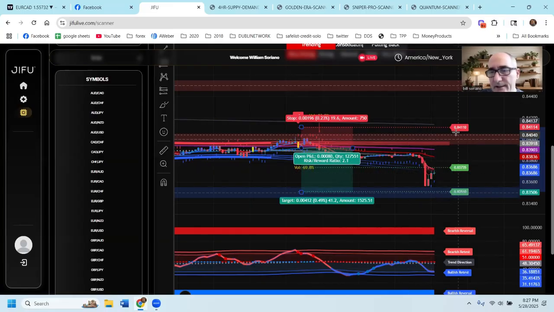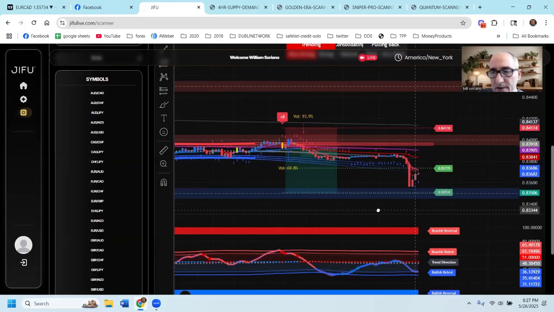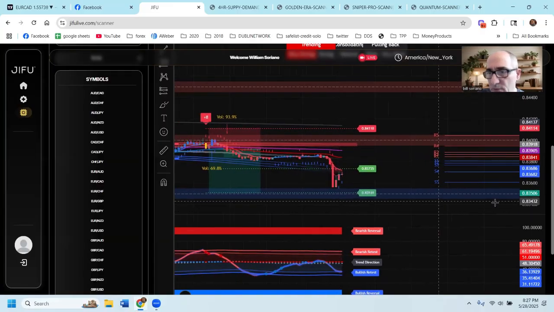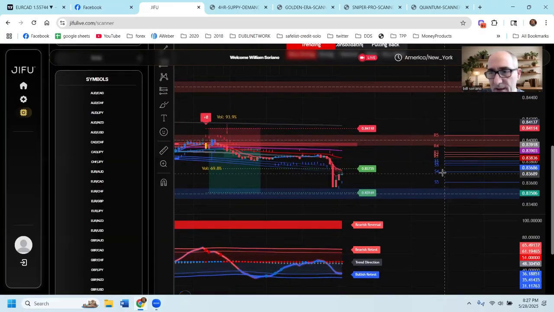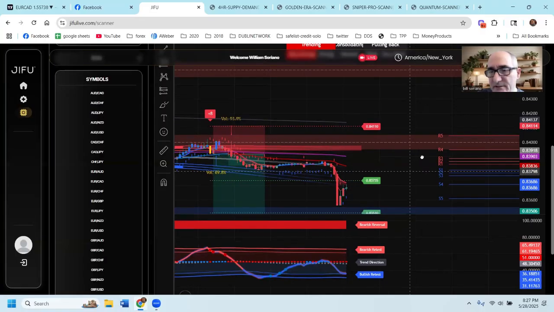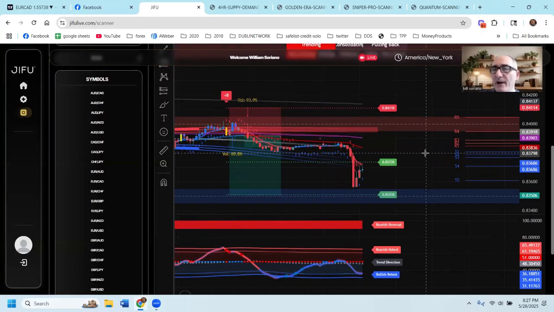Now, it only gives you take profit 1 and take profit 2, but you can use the pivot points here for additional take profit levels. However, as you can see here, price is already down below all of your pivot points here, right? So your pivots, remember, are based on the prior day's open, high, low, and close.